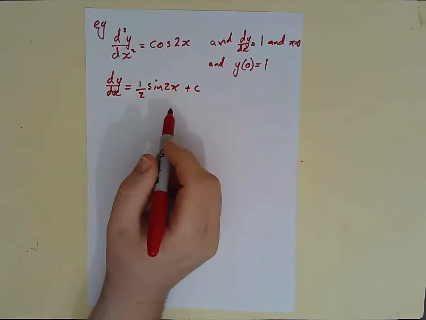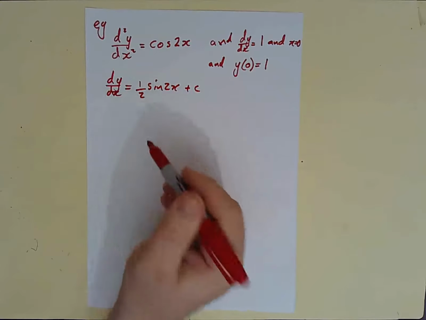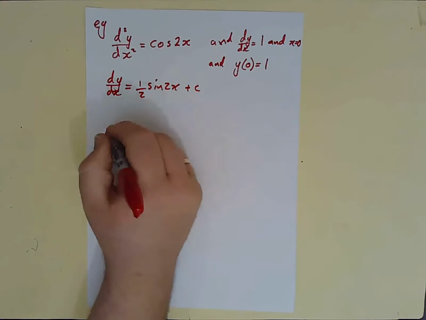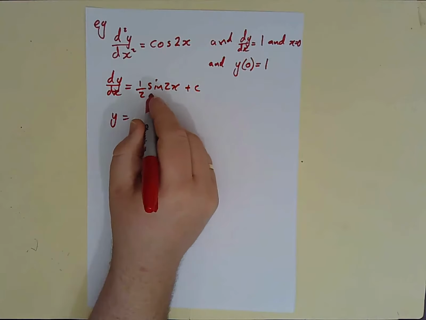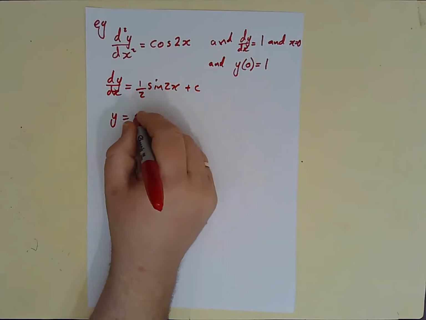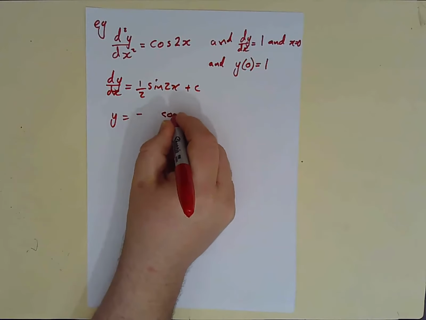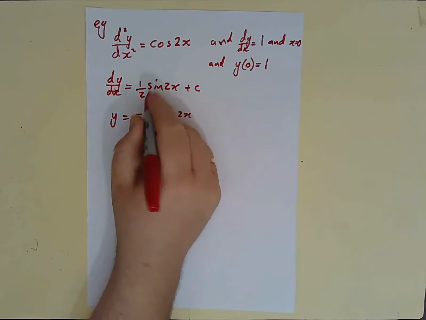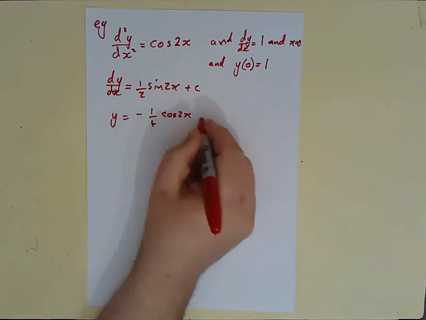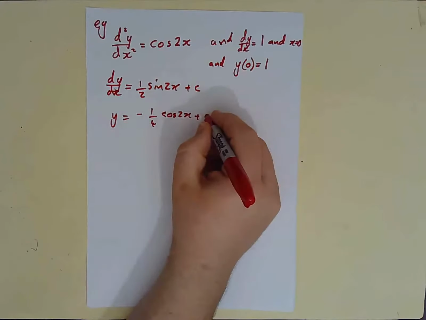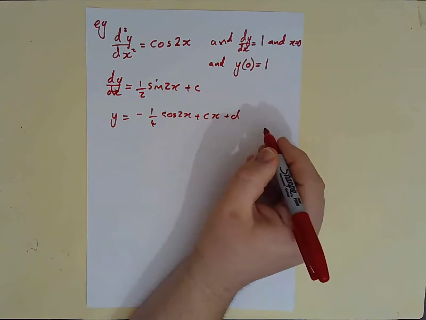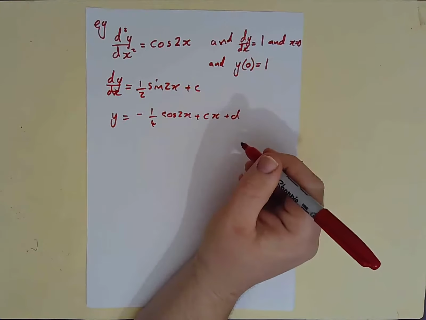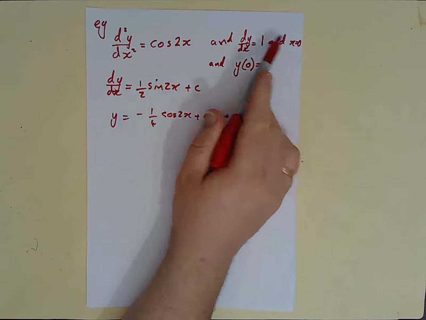And now going back another step, sine is going to become negative cos, and then we're going to have another divide by 2, so it's going to be divided by 4. And the c is going to become cx, and we're going to have another unknown, so we'll put a d in there.